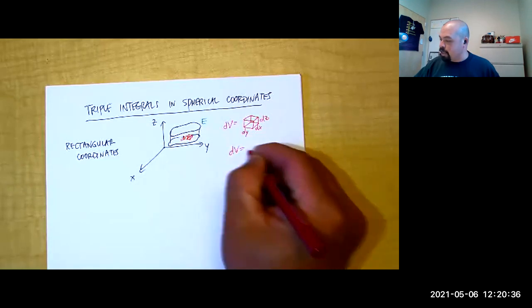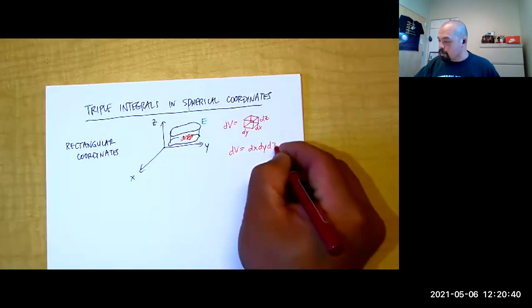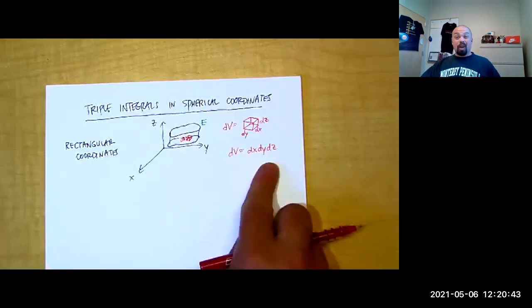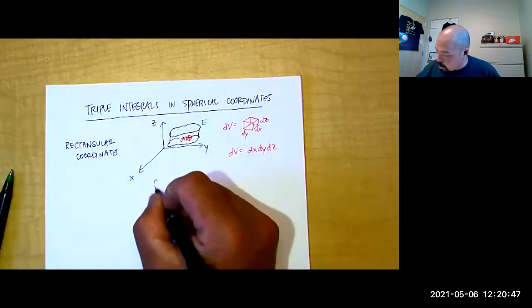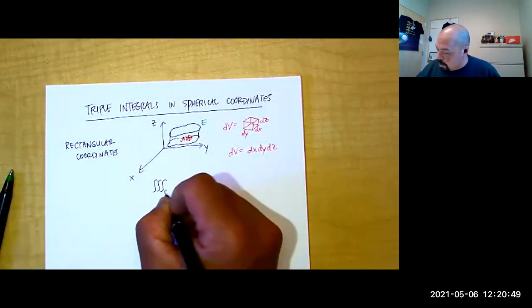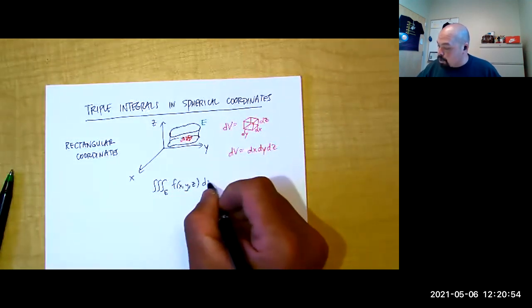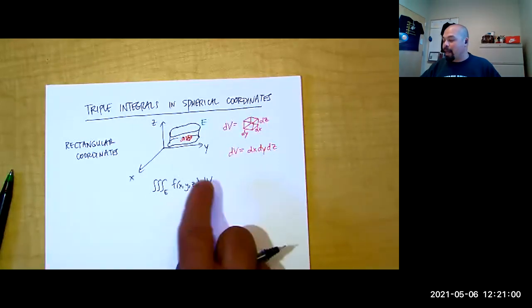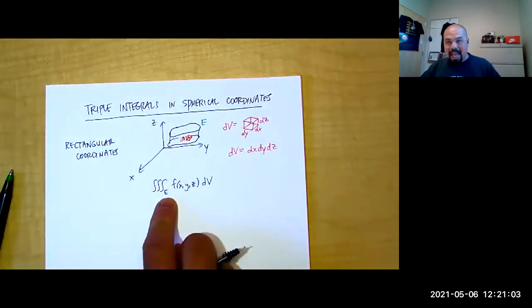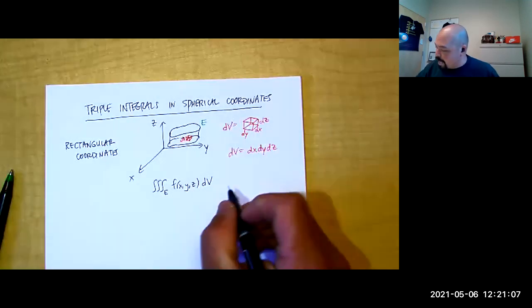And we saw that the dV component we see in our integral we can reorganize if we need to. And so we have some function in three variables that we apply throughout that region E, adding up those little bits of volume.